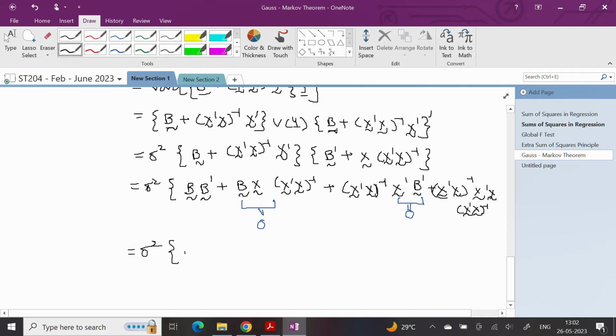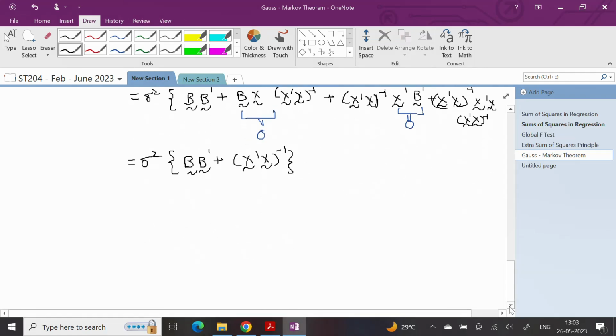So this becomes sigma square, B prime plus (X prime X) whole inverse, X prime X gets cancelled, so I will have (X prime X) inverse. Okay, this is my variance of beta star.